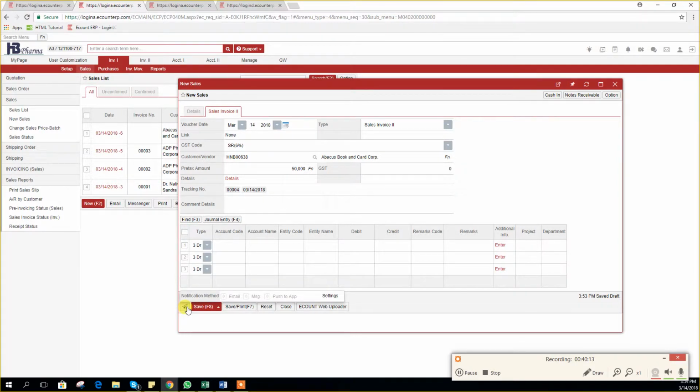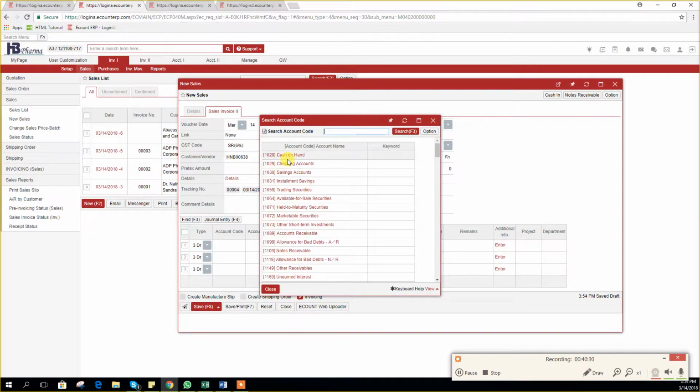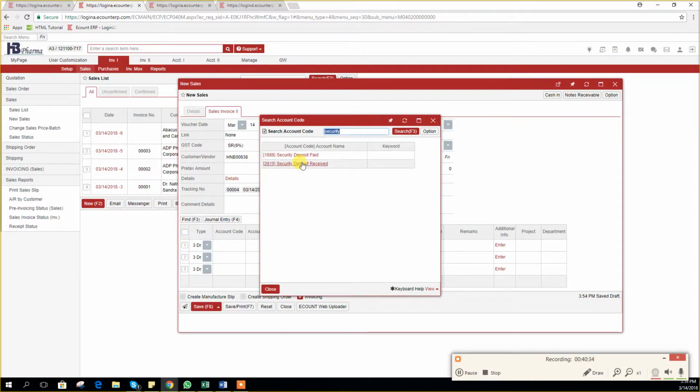A liability is a credit balance account. So in order to take the amount out, to contra out, we need to debit that account, confirm. So debit deposit received.